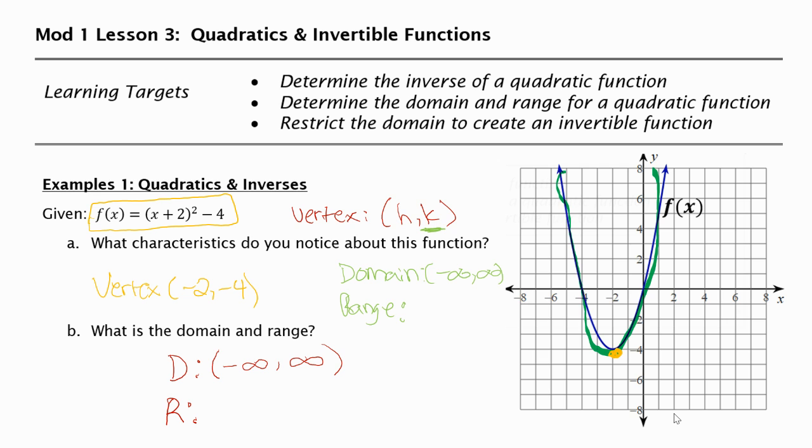If it opens up, the range is from that k value to +infinity, or if it opens down, it's -infinity to that k value. That's always going to be true for these problems before we start inverting. So for this problem, our range goes from -4, which again is our k value, upwards to +infinity.